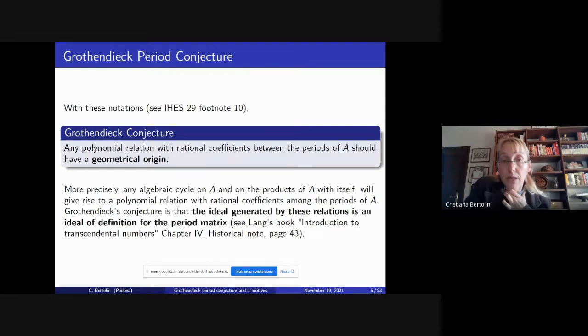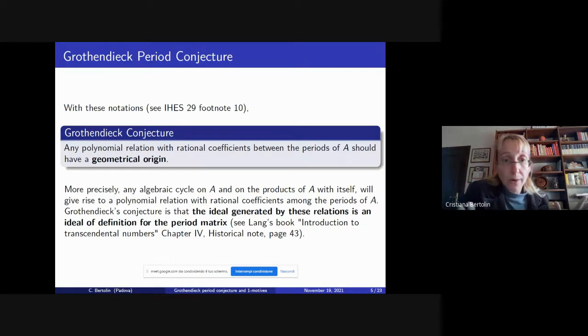This is a very difficult conjecture because in the literature there is no proof of this conjecture, and nobody has shown that an algebraic cycle gives a polynomial relation. Just Lang, in his lecture notes 900, shows how to get the Legendre relation, which is a polynomial relation between the periods of an abelian variety, and he shows how to get this polynomial from an algebraic cycle.